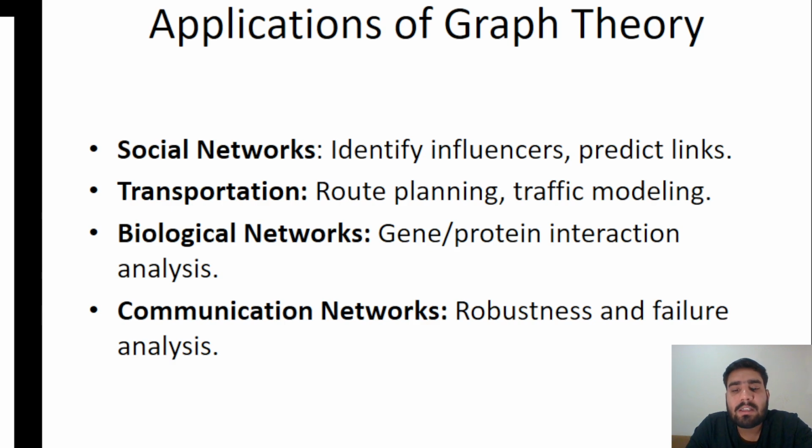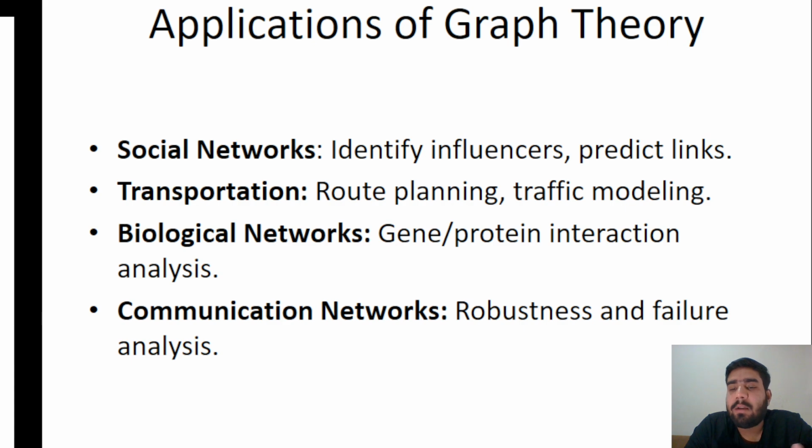Now moving toward the next topic, applications of graph theory. These are different applications of graph theory: social networks, transportation, biological networks, and communication networks. Graph theory is mainly used in real-life areas like social media, where it helps to find an influencer or suggest friends.